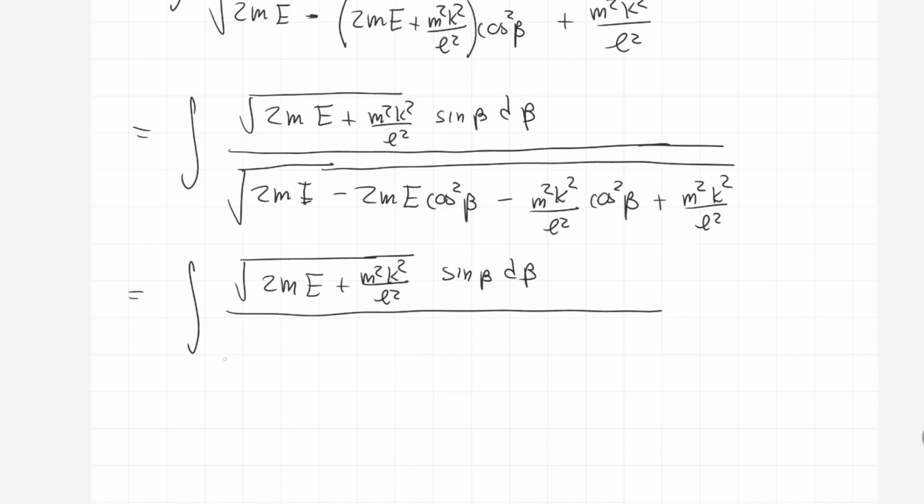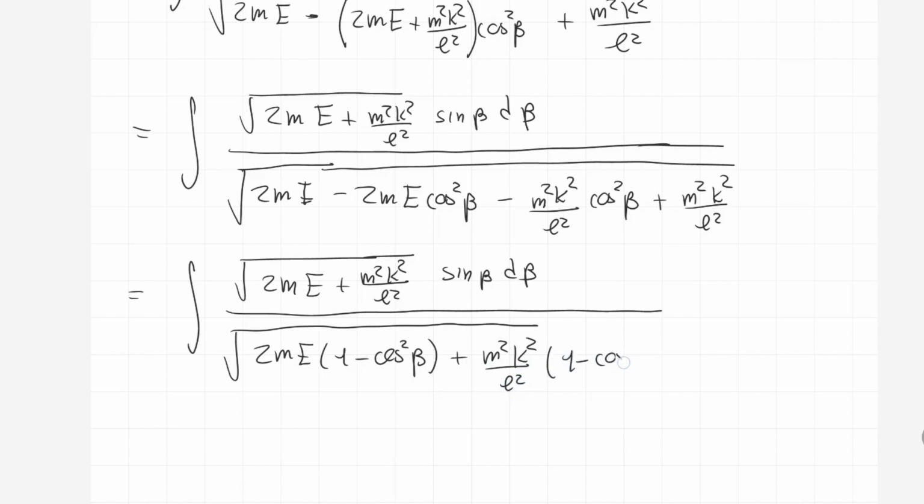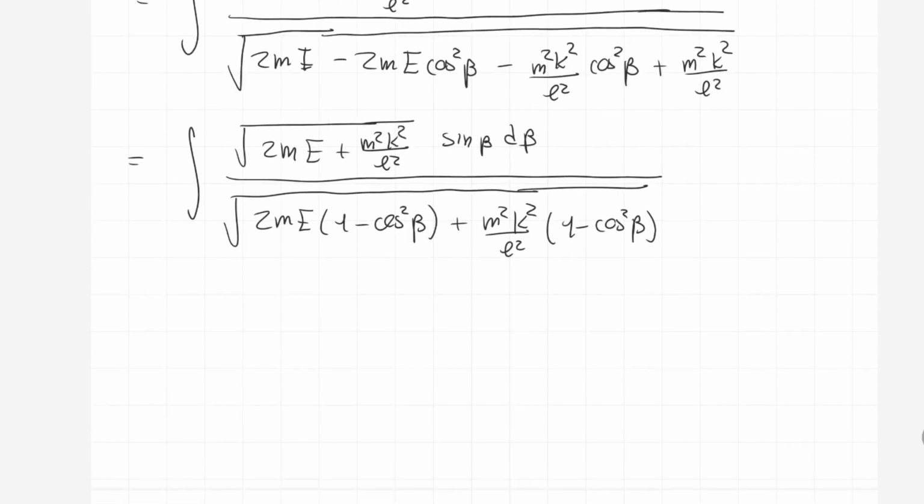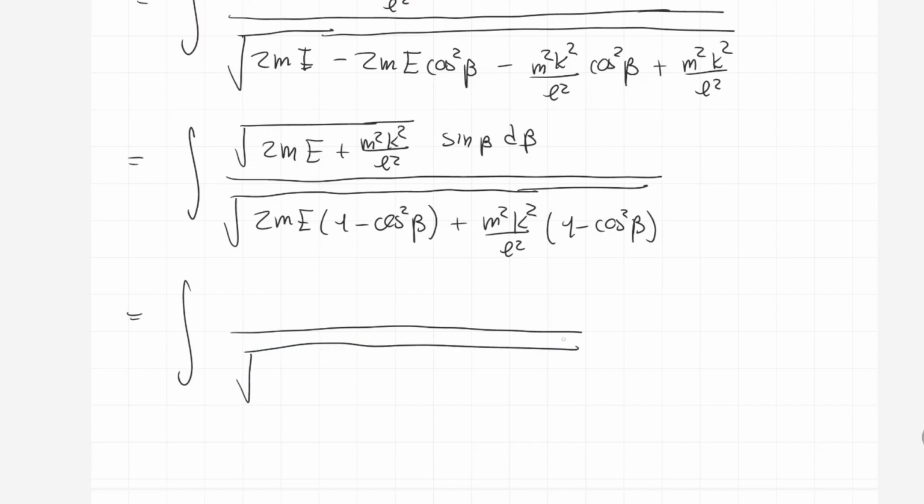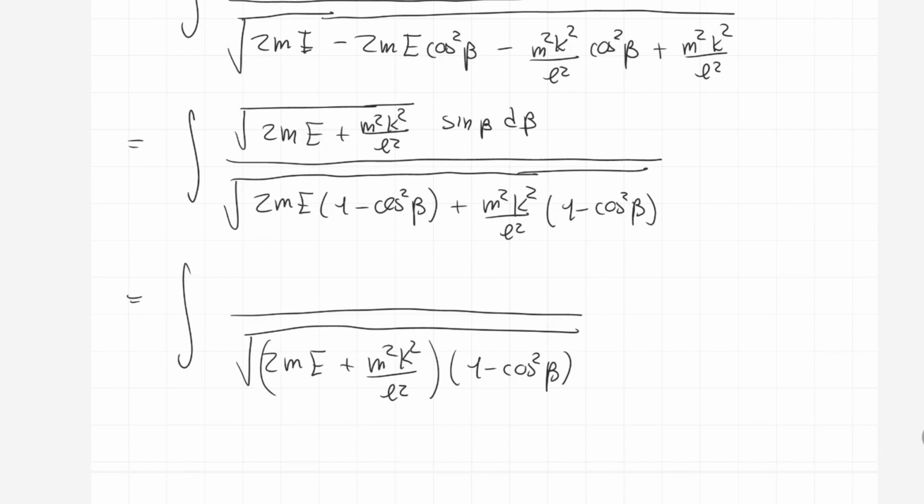On the denominator we have 2me times 1 minus cosine squared beta plus m squared k squared over L squared times 1 minus cosine squared beta also. This can be factored again: the square root of 2me plus m squared k squared over L squared will multiply 1 minus cosine squared beta. But 1 minus cosine squared beta is sine squared beta.